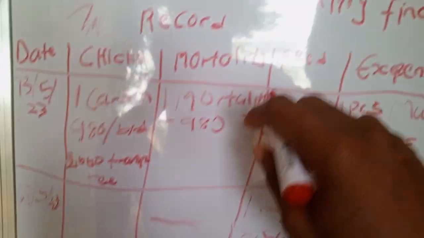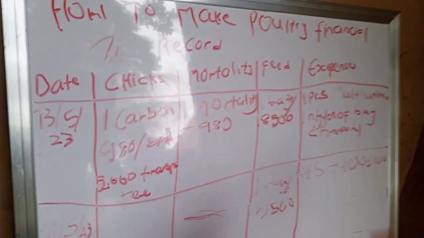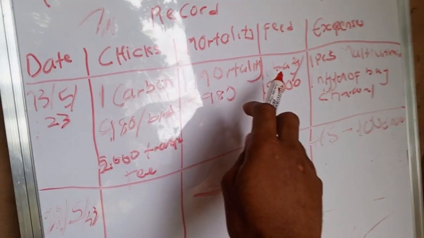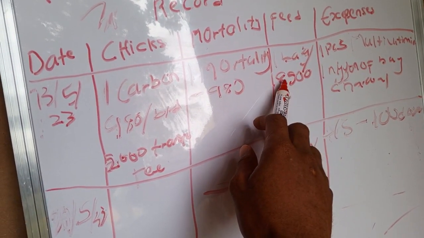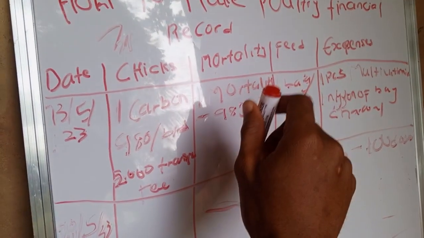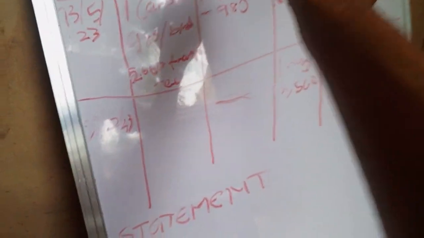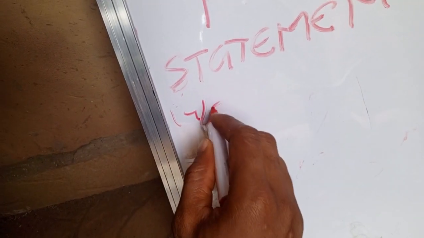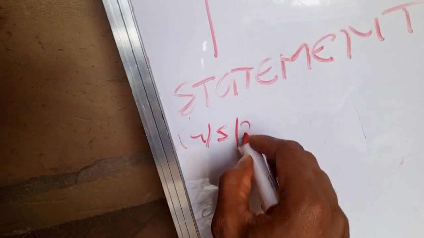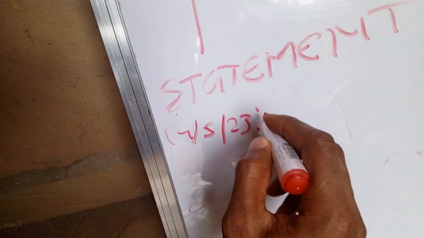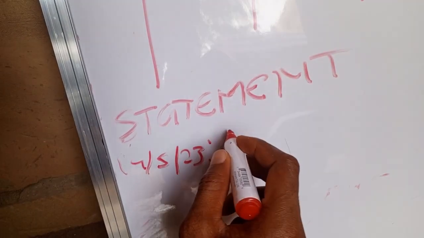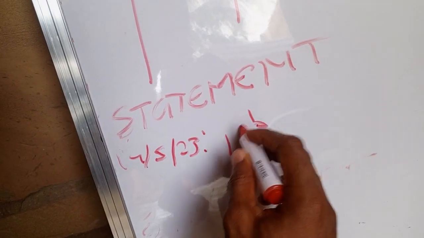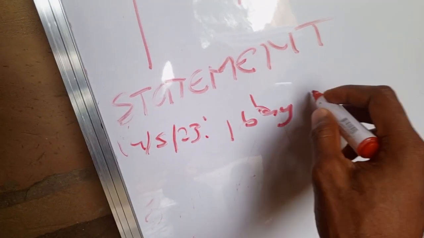Another thing you need to know is that coming down here, you will ask yourself, this one bag of feed, which is 18,500, when did it finish? Okay, we can say we finished it on the 19th of May. So you come here, say 19/5/2023, and put a column: one bag finished.